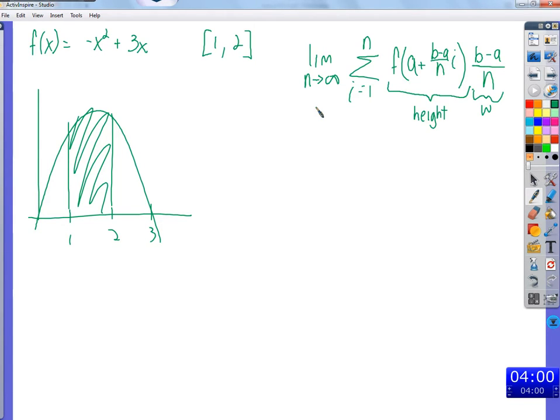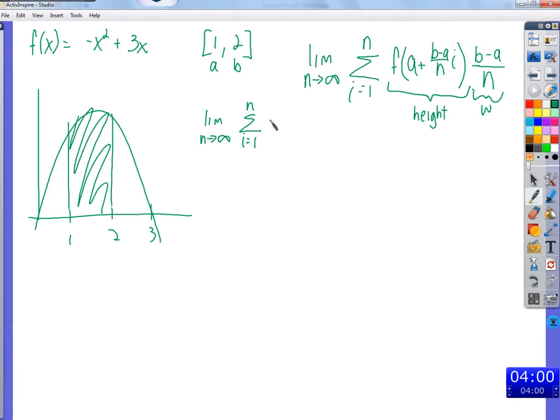Okay, so here's f of x. So we're going to plug in a plus b minus a over n times i into x. So we're going to let the limit as n goes to infinity take a sum of an infinite number of rectangles. It's going to go from a to b, from 1 to 2.